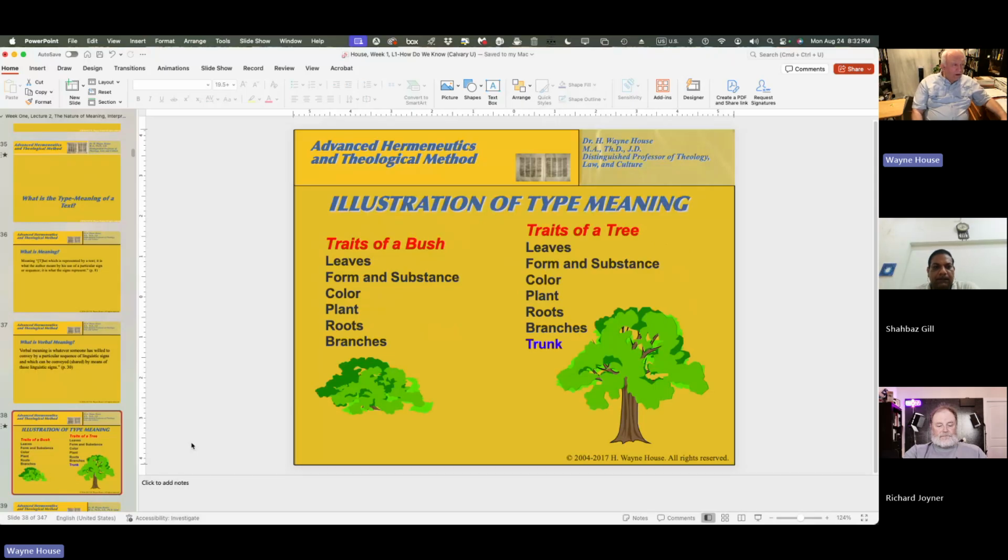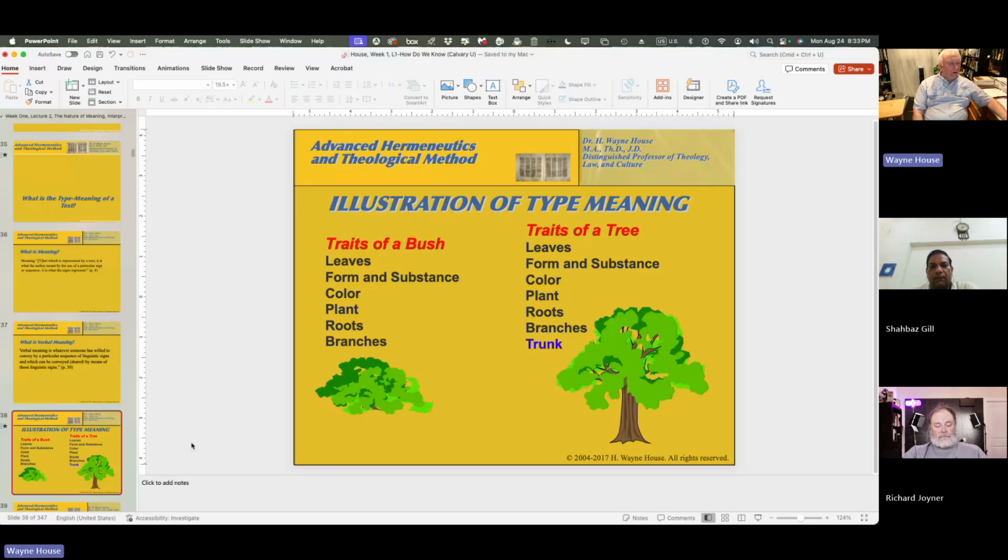Now, illustrations of type meaning. This becomes important. Notice my great artwork. Actually, I have no idea where I got those, but they convey the idea. For example, a bush has certain things that make it what it is.